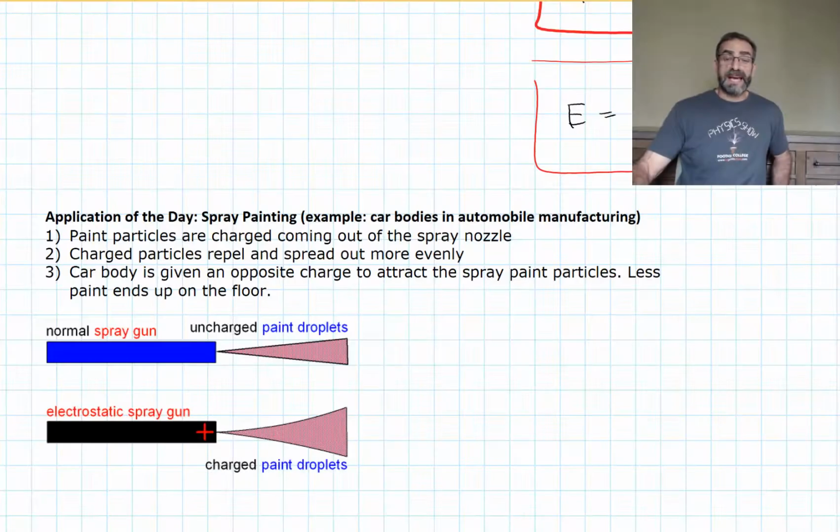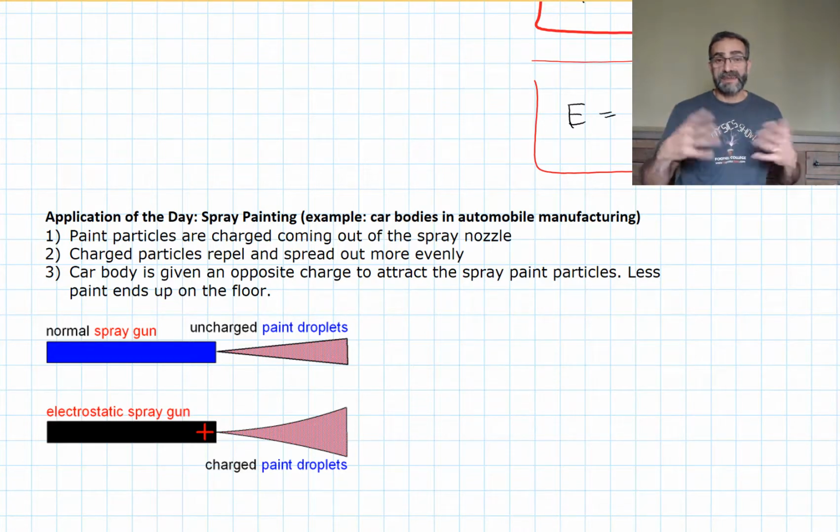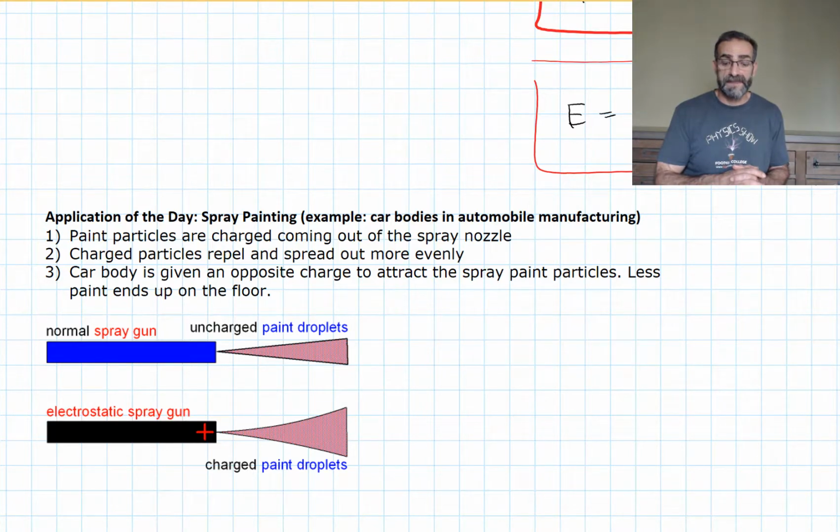An interesting application of electrostatic charge is spray painting. For example, in the automobile manufacturing process, the car bodies have to be painted so that the metal doesn't rust over the years. And the spray paint comes out of a nozzle, and it gets electrically charged coming out of the nozzle. So your paint particles now have like charge.